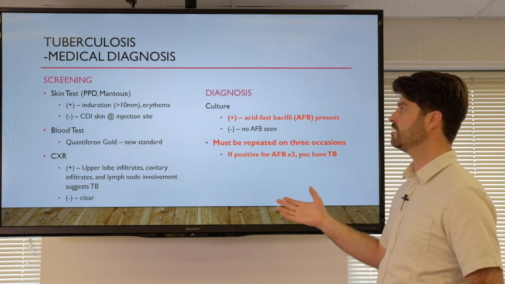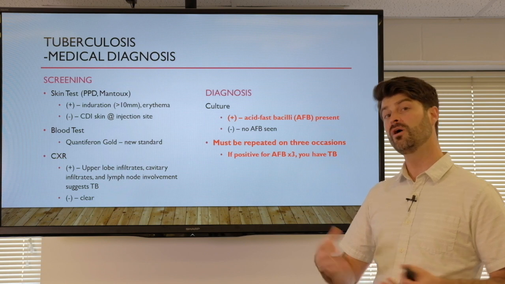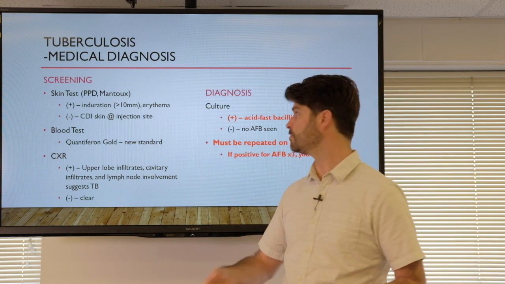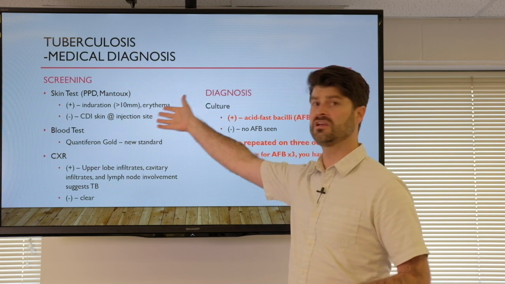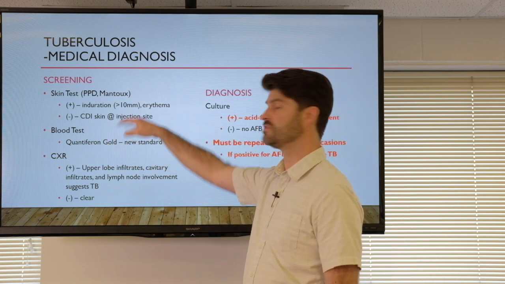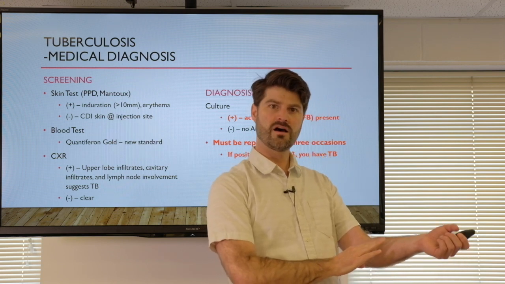For screening, the way we identify this is a few different ways. One is screening, and you guys all went through screening just as part of nursing school. So first line screening is our PPD tests, so our skin tests. A positive skin test means you got induration. Induration is that thickening of the skin.